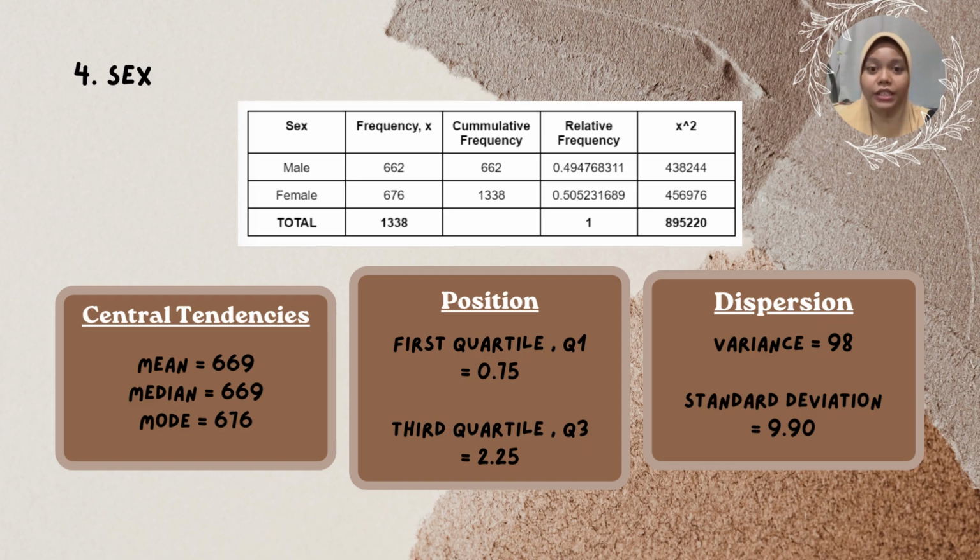Our median is still 669 and the mode is 676. For measure of position, our first quartile Q1 is 0.75 and our third quartile Q3 is 2.25. For measure of dispersion, our variance is 98 and our standard deviation is 9.90.